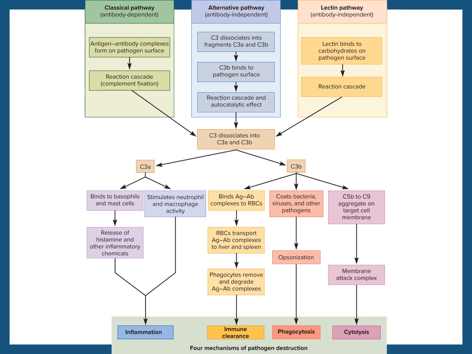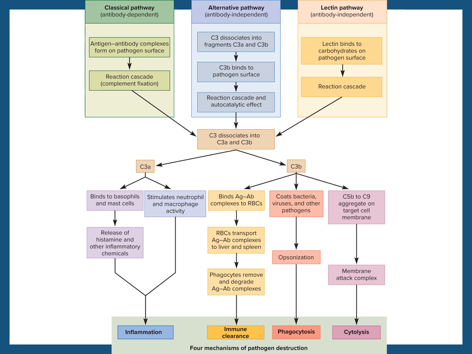If we look at the alternative and the lectin pathways, no antibody is required. Therefore, those two belong to our innate immunity. If you look at the alternative pathway, complement C3 slowly breaks down in the blood. And in the alternative pathway, C3b will bind directly to targets such as human tumor cells, viruses, bacteria, and yeast.